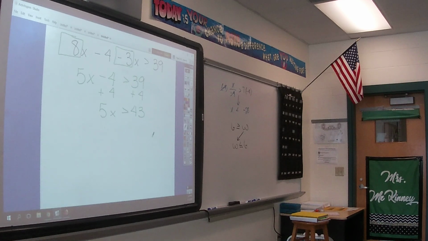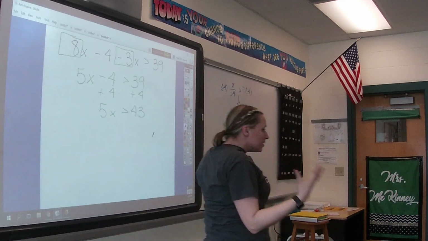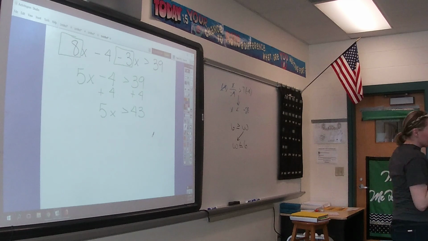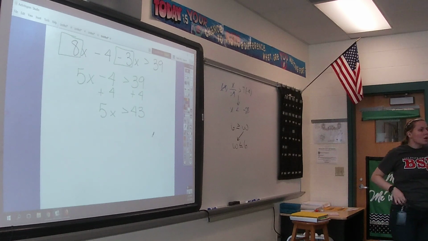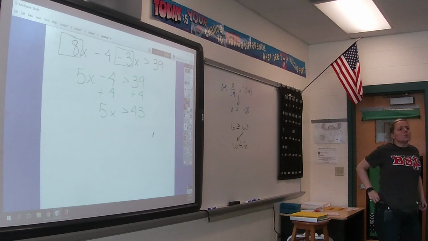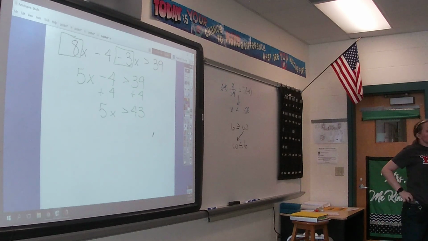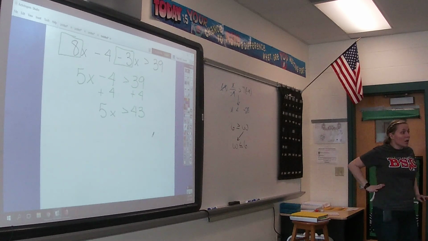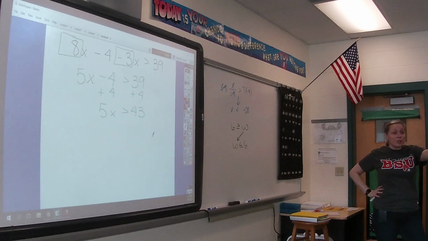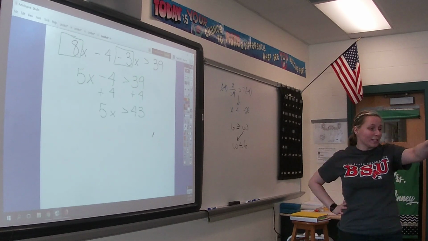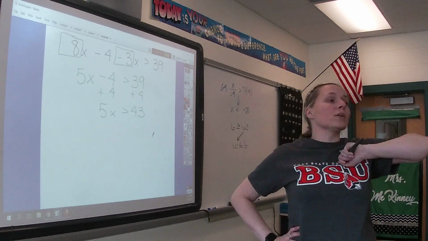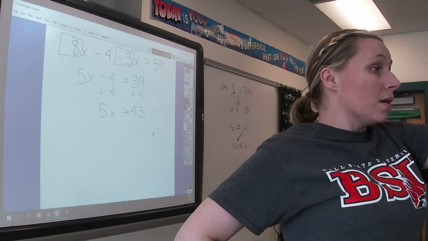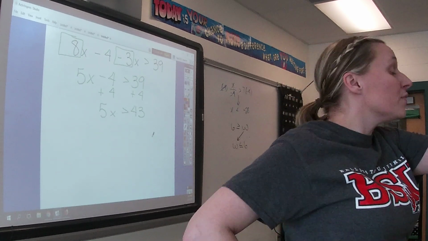Okay, your answers do not have to be integers. What's an integer? It's a specific type of number. What type of number? A negative number. It does include negatives. What does it not include? Do you know what it does not include, Nathan? 0 is included. Positive. Fractions.